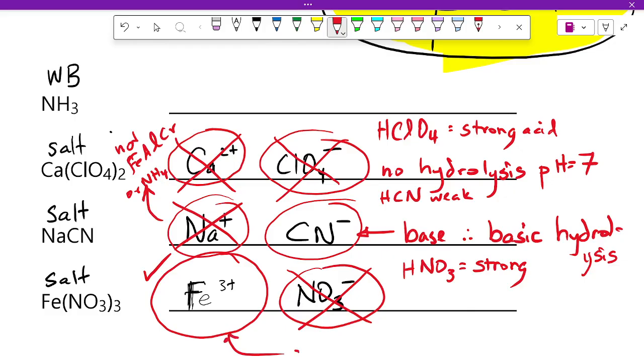It's going to be acidic. And if you have Fe3+, how is it possibly acidic? It ain't got no H. CN- didn't have an H, it was a base. How is Fe3+ acidic? How does it have hydrogens to give away?